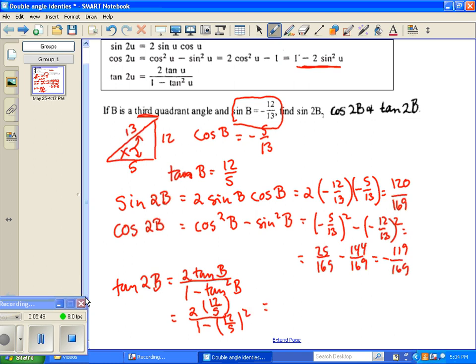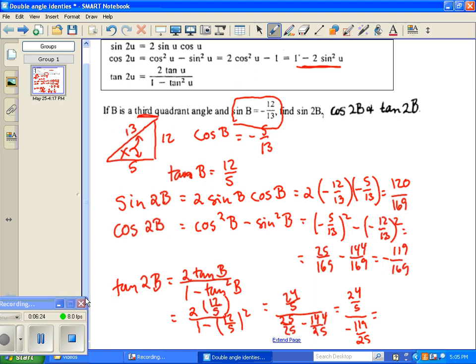Okay, so let's simplify that. So on top we have 24 over 5 over, now the 1 I'm going to turn to 25 over 25, so I have a common denominator, minus 12 squared is 144 over 5 squared, which is 25. So I have 24 over 5 over minus 119 over 25.